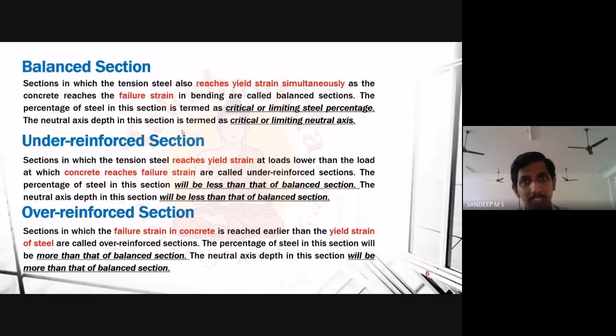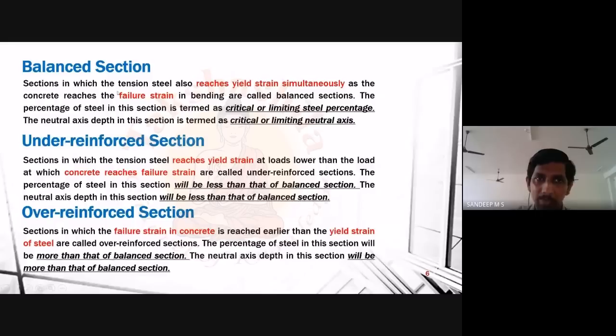When we go on increasing the load, at the very instant of failure, the strain in concrete will reach a value of 0.0035 and the yield strain of steel will be reached simultaneously. So what you have to understand is that in a balanced section, the failure of concrete and steel occur simultaneously. By definition, balanced sections are sections in which the tension steel also reaches yield strain, that is the failure strain, simultaneously as the concrete reaches the failure strain in bending.